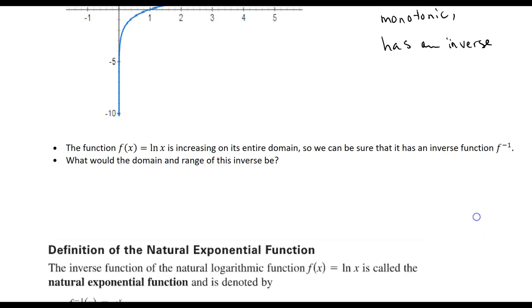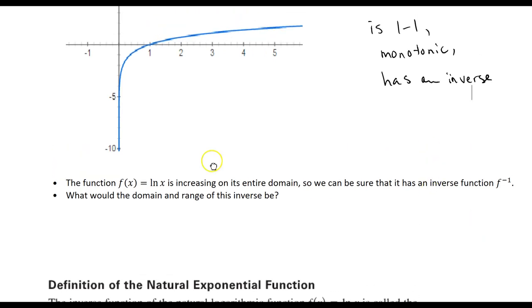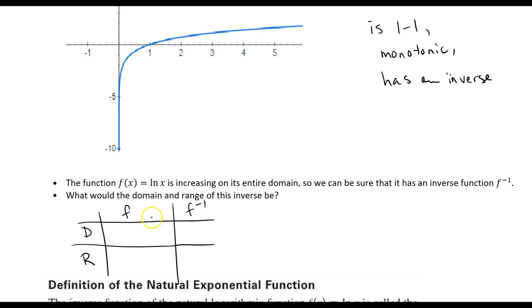So we can be sure that it has an inverse function, f inverse, and we know that the domain of f is from 0 to infinity. And we can see that the range is from negative infinity to infinity. So those would actually flop for f inverse. So the domain would be negative infinity to infinity, and the range would be from 0 to infinity.